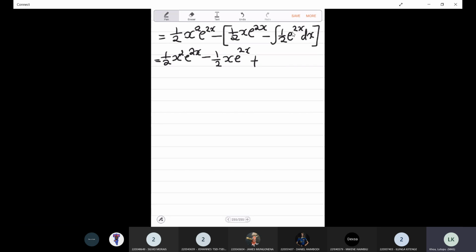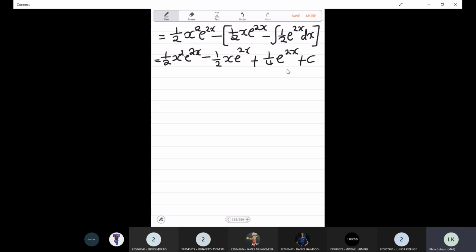The half from integrating this will multiply this half here, and then I have 1 over 4 e to the power of 2x. And now there are no integrals left, so I add my c over there.